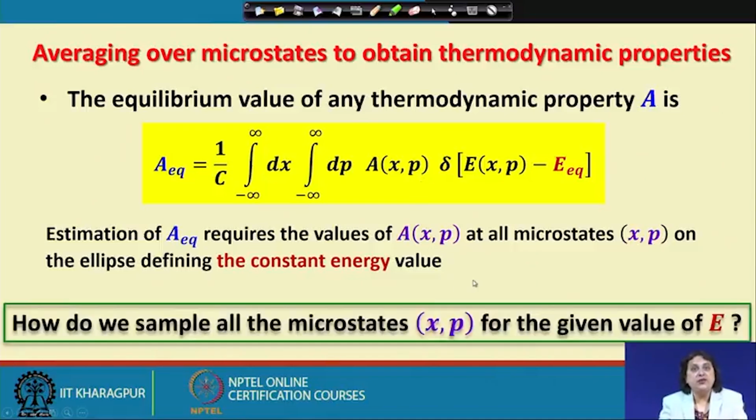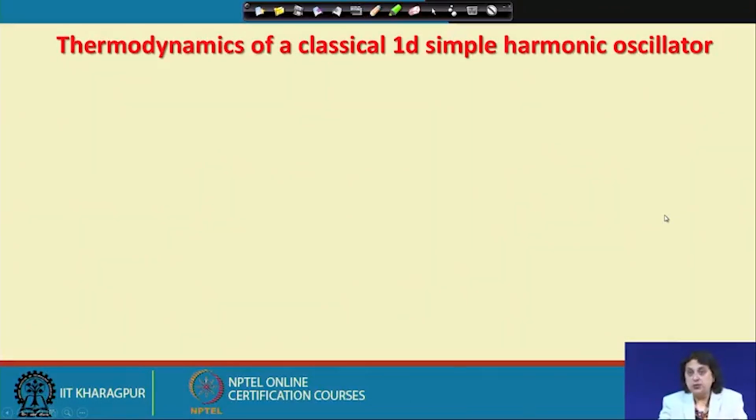Therefore, the question that we ask is, how do we sample all the microstates x and p for the given value of E? Once we know all possible x and p combinations, I can find out A and correspondingly find out A equilibrium. Now, there are at least two alternative ways of doing this.